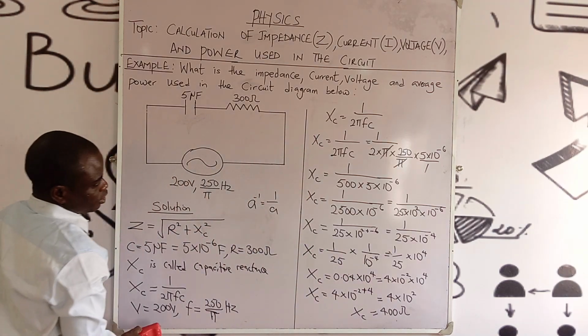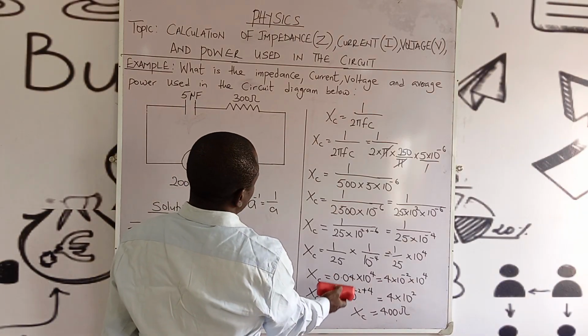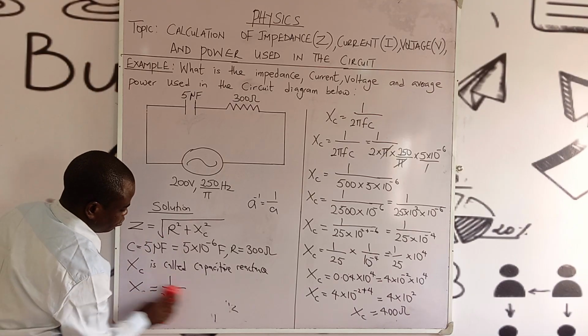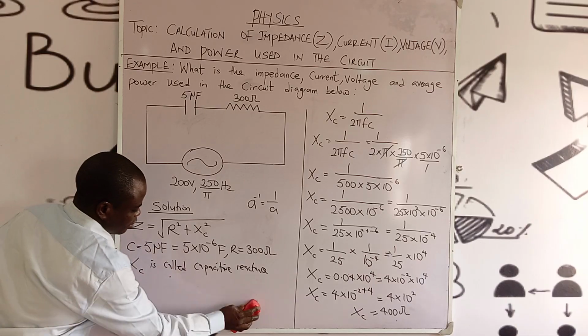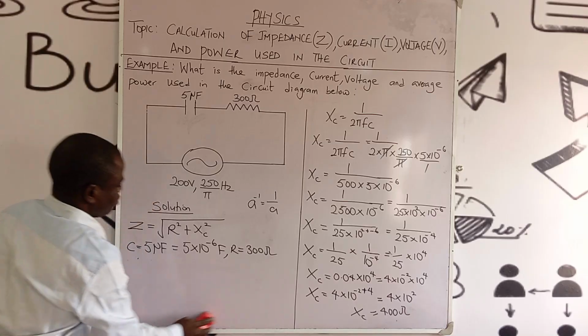Now go back to solving. You have gotten our capacitive reactance. We want to substitute the value into the formula.